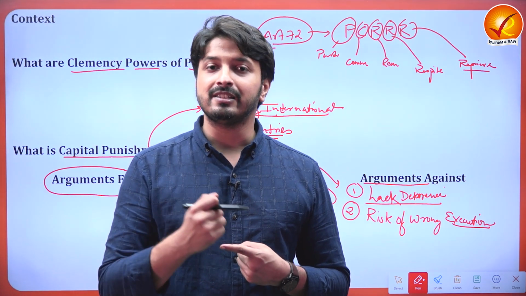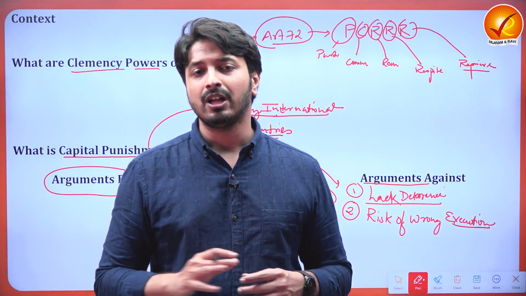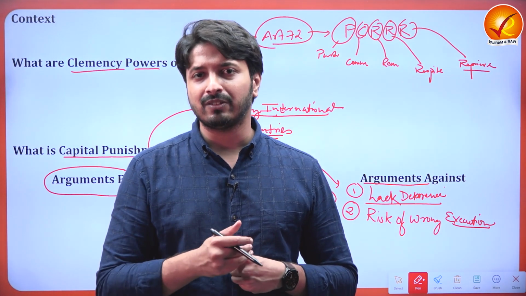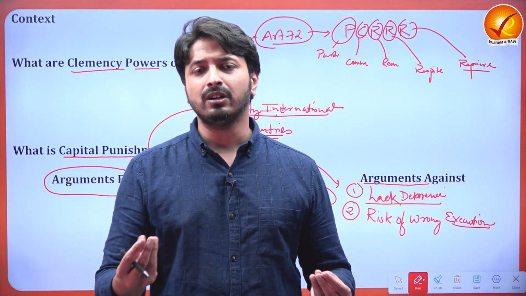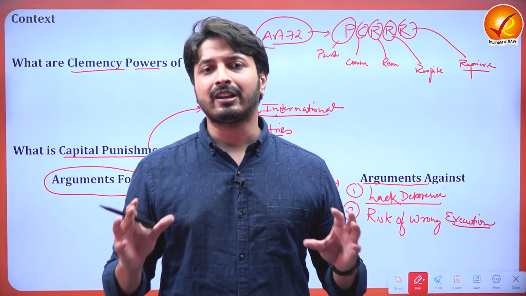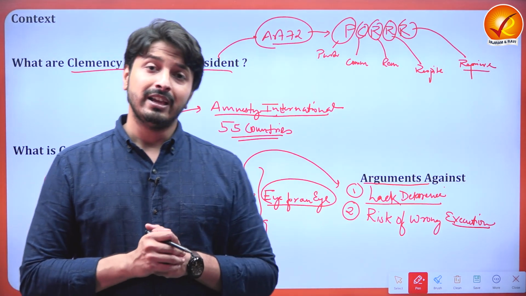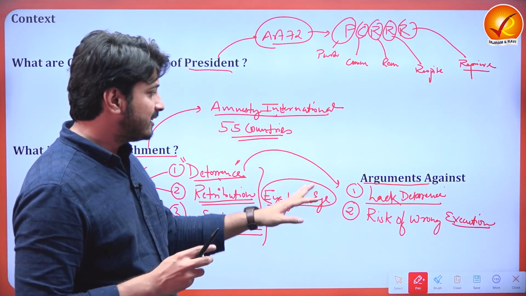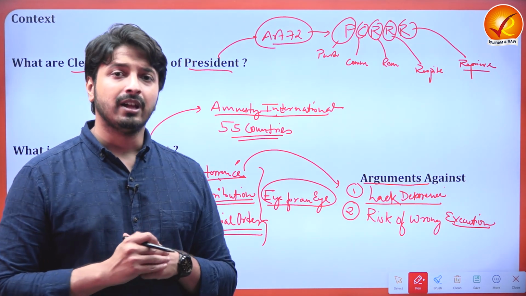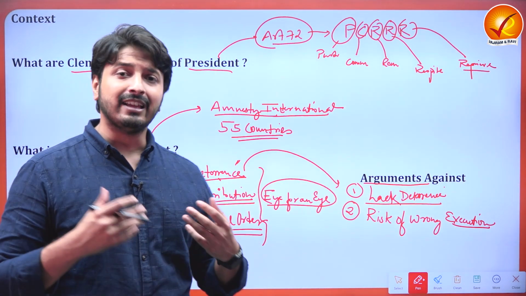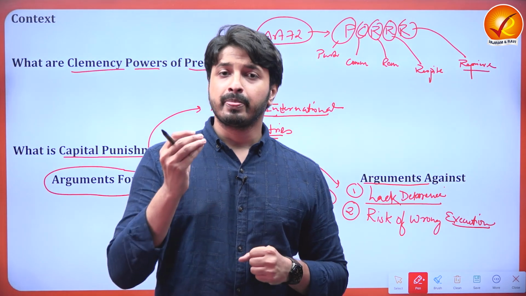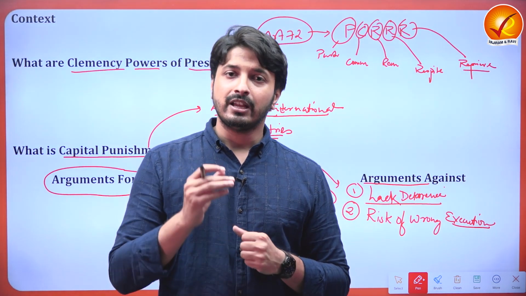The investigating agency can work under various malafide motivations as well, which never come to the fore while the trial is going on, and ultimately it can lead to the risk of a wrong execution as well.